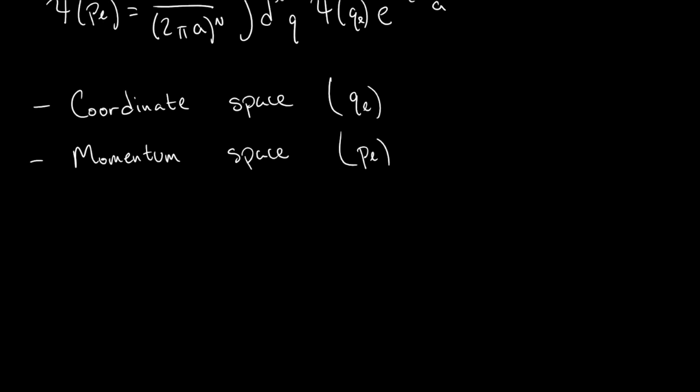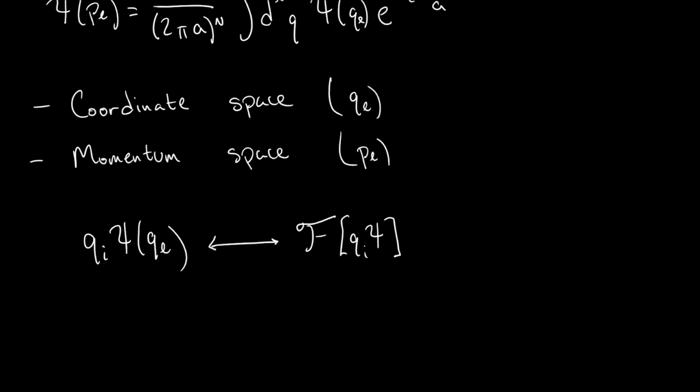So in coordinate space, I can write down just some q sub i times psi of q, it's just some product. But now if I want to write this same product in momentum space, I have to Fourier transform this. I'll draw a double arrow here, and just write the Fourier transform as this fancy thing, meaning that I'm taking the Fourier transform of this.